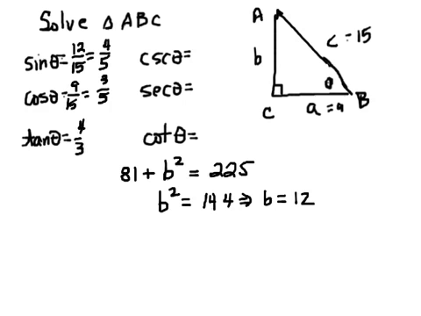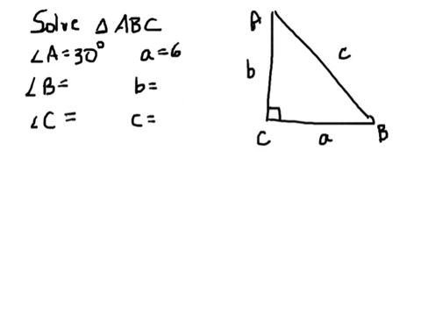Now, we went over in class that the reciprocals of these functions, the reciprocal of sine is cosecant, and so all you're going to do is flip them over, and then the reciprocal of cosine is secant, flip that one over, and then lastly you'll do the same with cotangent.